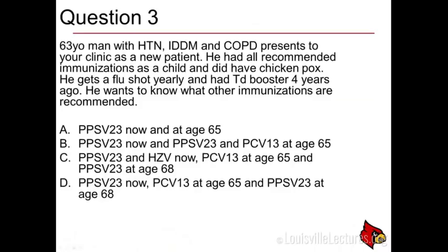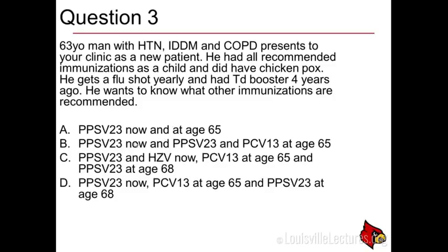All right, third question. You have a 63-year-old man with hypertension, diabetes, and COPD who presents to your clinic as a new patient. He's had all the recommended immunizations as a child and did have chickenpox. He gets a flu shot yearly and had a tetanus booster 4 years ago. He wants to know what other immunizations are recommended at this time. So the first one, Pneumovax now and at age 65, and I'll just read through these.